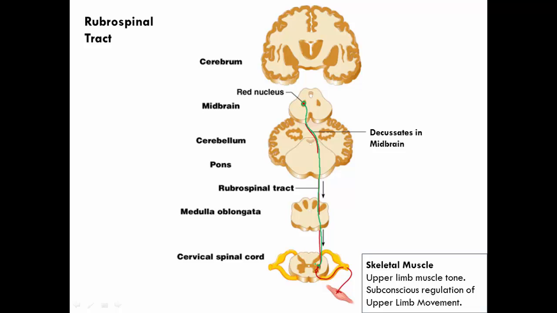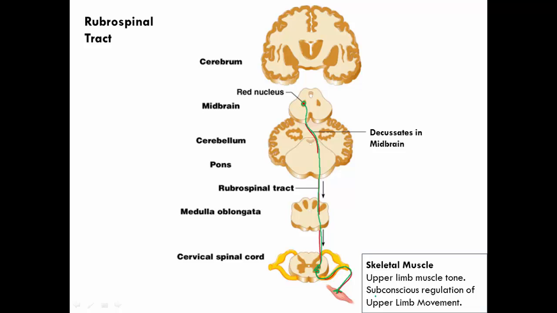And here our upper motor neuron will synapse with an interneuron that carries a signal over to our lower motor neuron, whose cell body, as always, sits in the ventral horn of the gray matter in our spinal cord. And this lower motor neuron is going to carry the signal away from the spinal cord, through the ventral root and through the spinal nerve, off to a skeletal muscle effector.